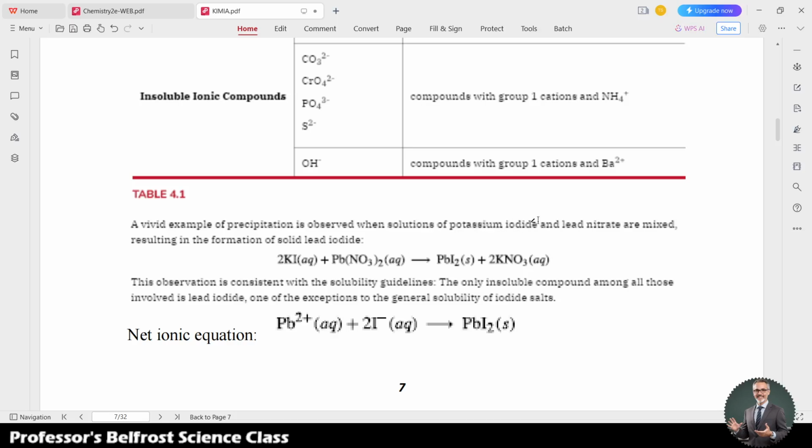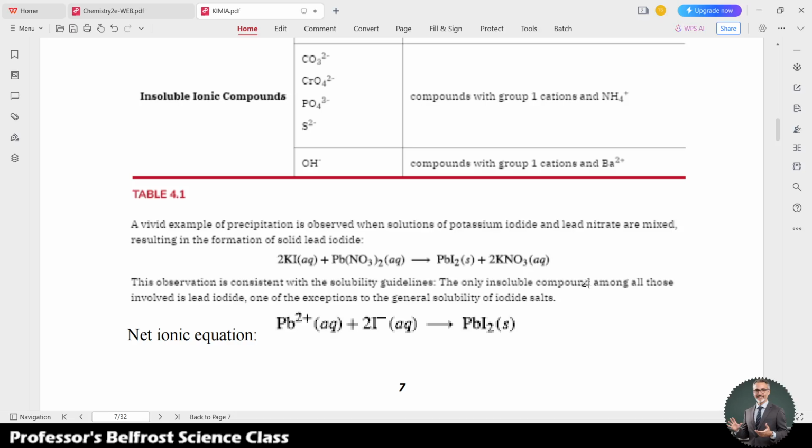So a vivid example of precipitation is observed when a solution of potassium iodide, K, iodide is I minus, so KI, and then lead nitrate, lead is Pb2 plus, nitrate is NO3 minus, so Pb(NO3)2, are mixed together, resulting in the formation of solid lead iodide, PbI2, and also potassium nitrate. And here are the solubility guidelines.